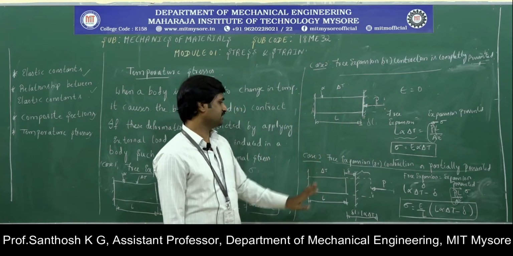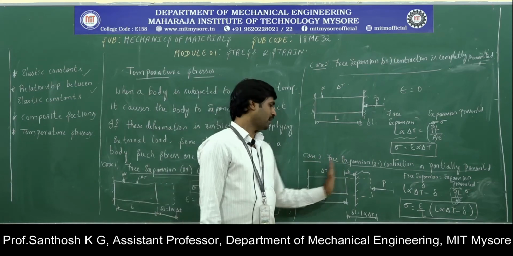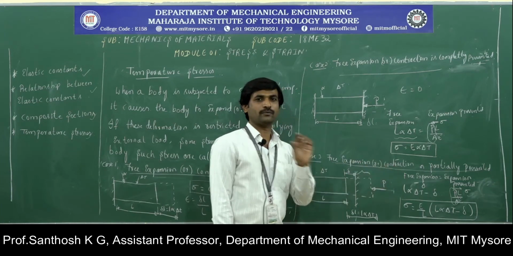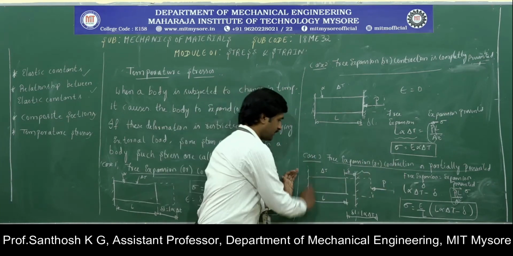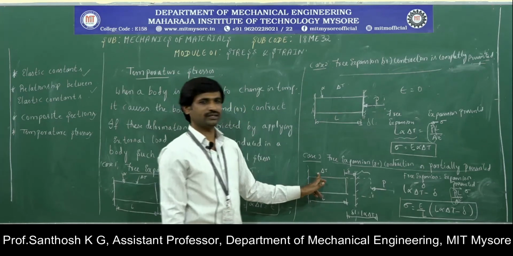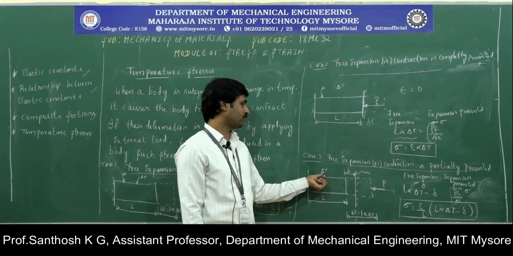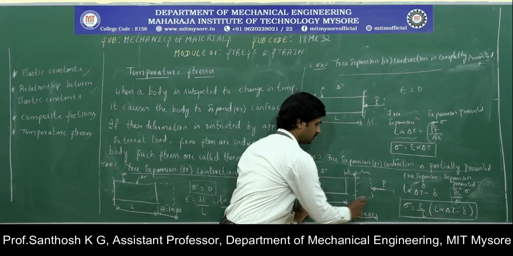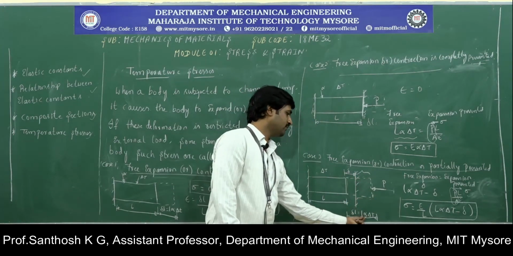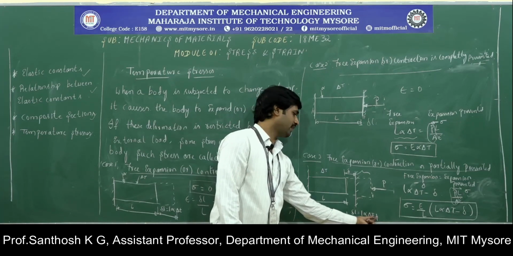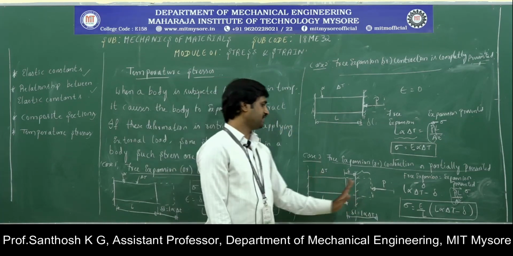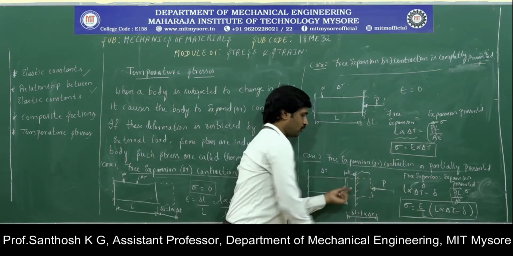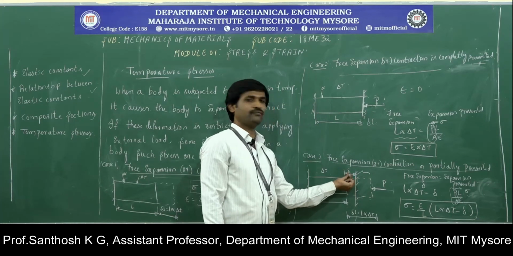Now we shall see a member where we restrict the expansion or contraction only partially. Here we have taken a member and we are going to increase its temperature by an amount delta T. If I don't have this support, it is going to expand by an amount delta L, which can be calculated by using the equation L alpha delta T. Since I need to prevent this expansion partially, I am going to provide a support at a distance of delta.